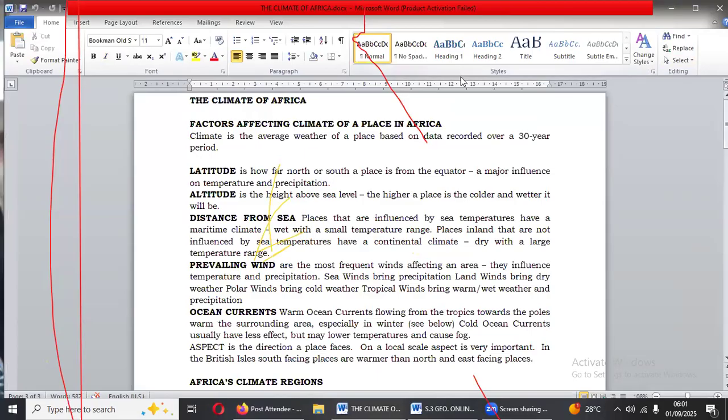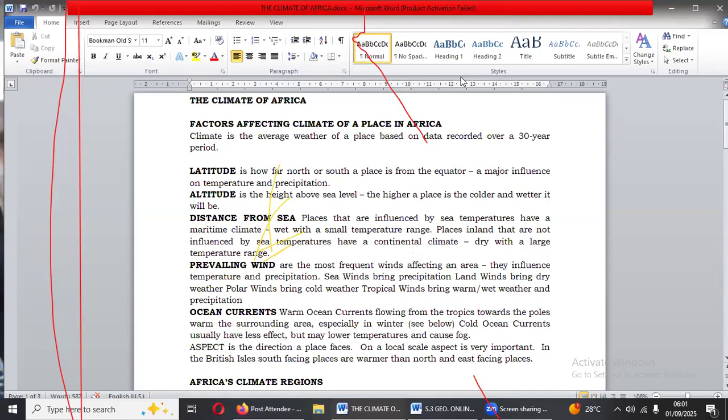We have factors influencing climate, and I want you to differentiate the two. We as well have the reasons which are bringing climate change. But then, how do we differentiate the two?